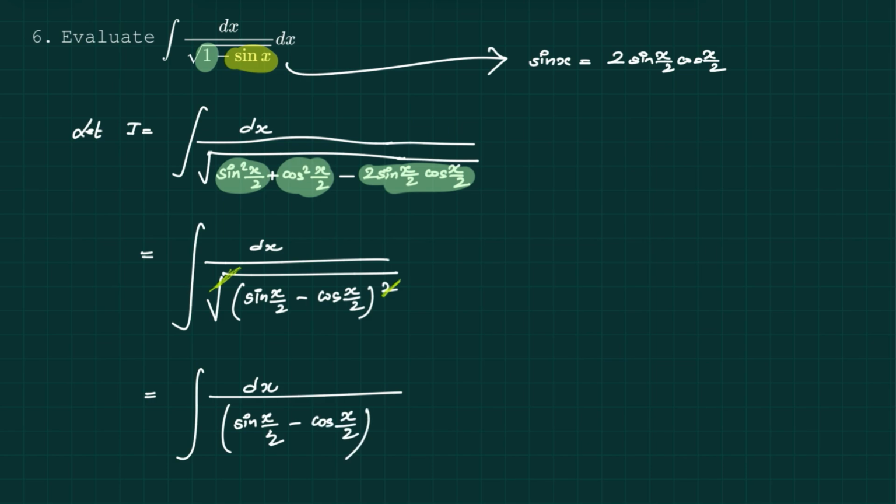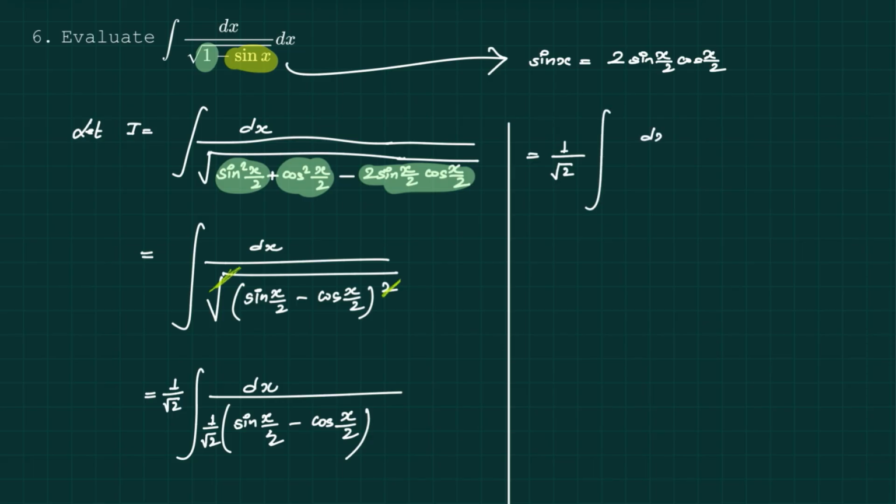Now at this step let us multiply and divide with 1 by root 2. So here 1 by root 2 and 1 by root 2 will get cancelled and it does not affect the original value. This can be written as 1 by square root of 2 integration of dx over, let us multiply with 1 by root 2 and open the bracket, then we will have sin x by 2 into 1 by root 2 minus cos x by 2 into 1 by root 2.